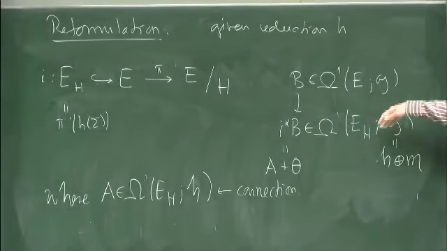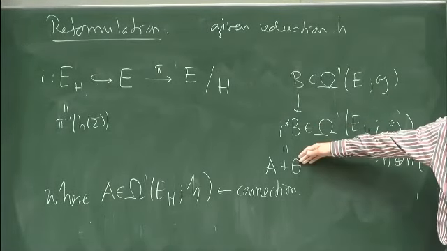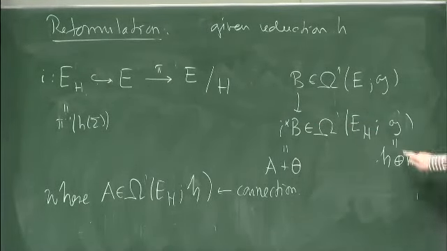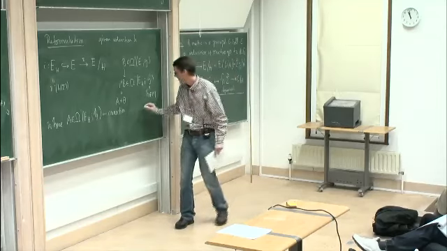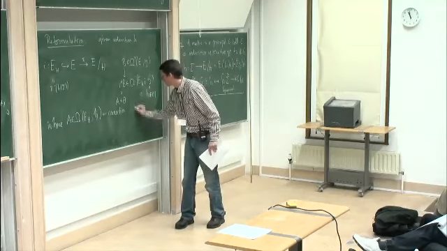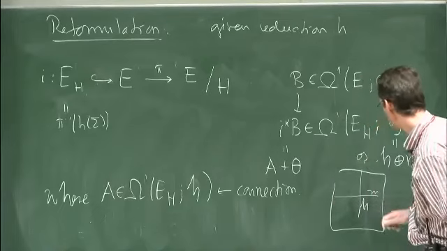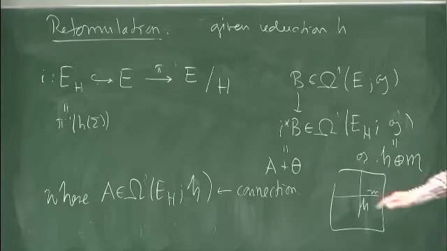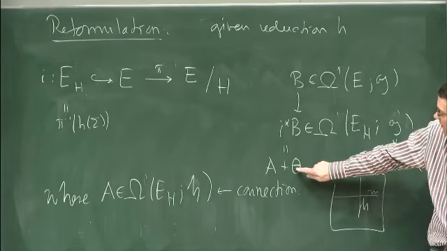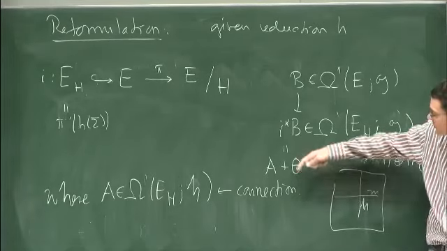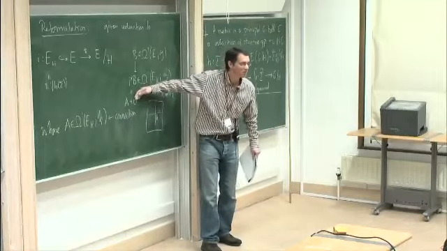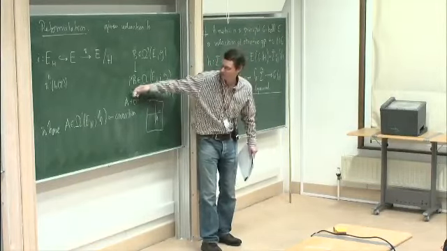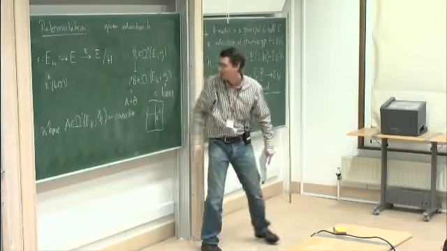On the other hand, the theta kind of lost its connection nature, because we have here the algebra of G, and then in here h, and then the complement m. In fact, if you take some vertical tangent vector to E_H and evaluate the theta part, you just get 0, because it was all over here in the A part.